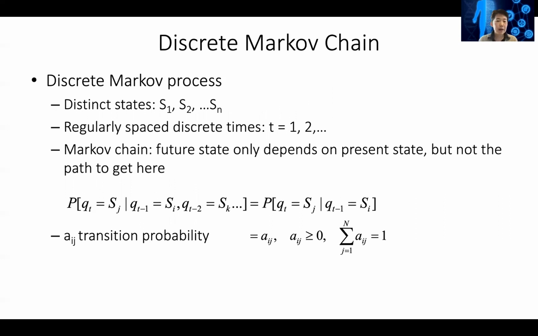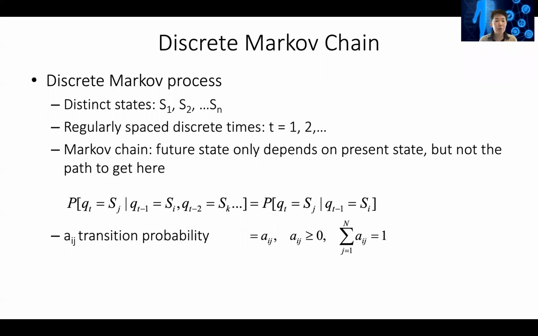And in order to understand discrete Markov chain, we also need to understand what is a Markov process. In this process, we have distinct states, which in the previous example would be the dice having different numbers and so on.